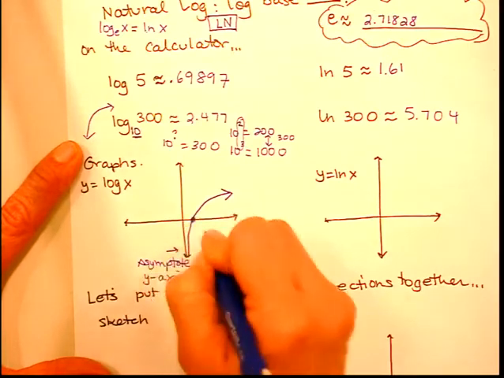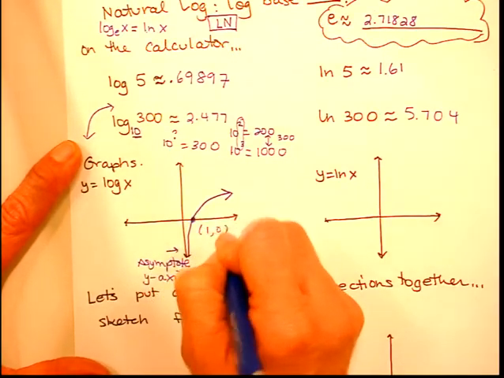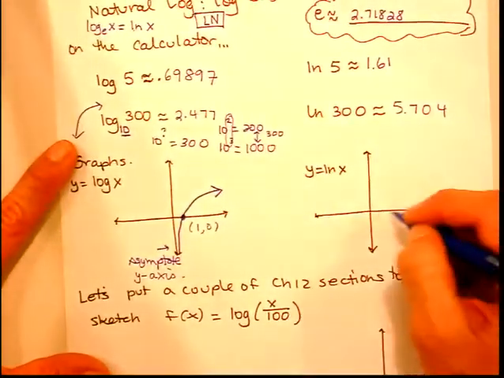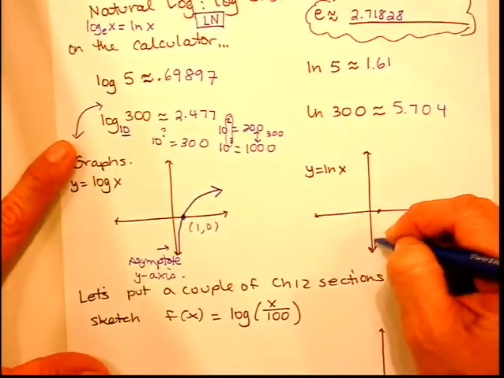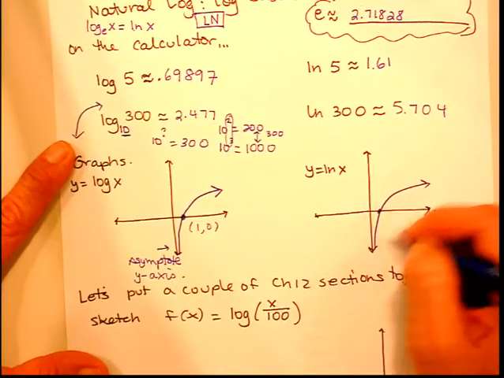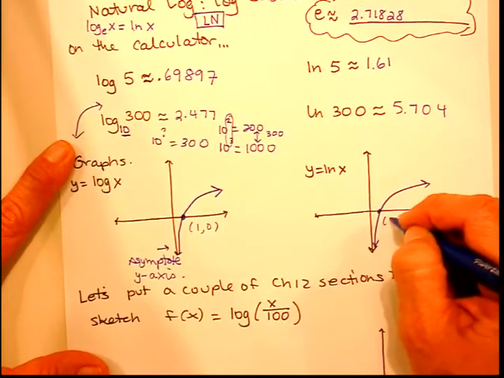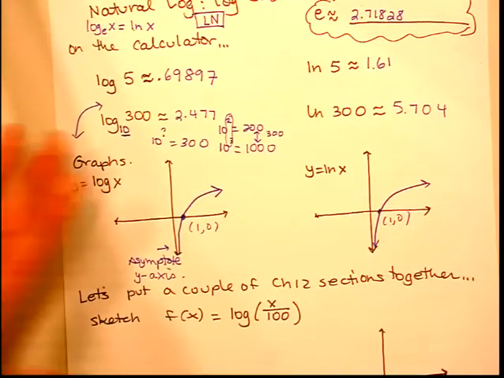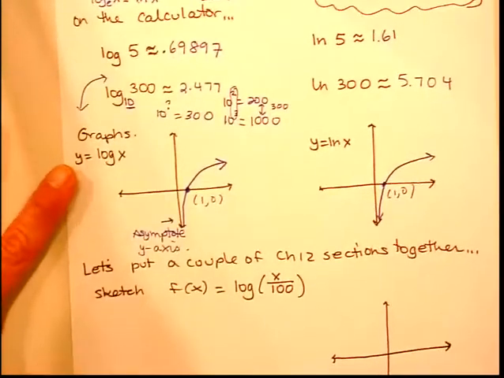And I still have my x-intercept of 1, 0. Okay. And the natural log of x, my graph is going to look exactly the same as that one. So if I graphed them on a graphing calculator, they'd look slightly different, but really, if I'm just sketching, it's going to look the same. Okay. If I've got a chance, I'll go ahead and bring my graphing calculator up here, and I'll show you how they look different.